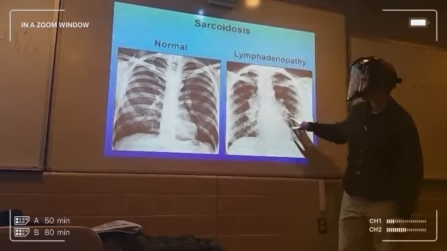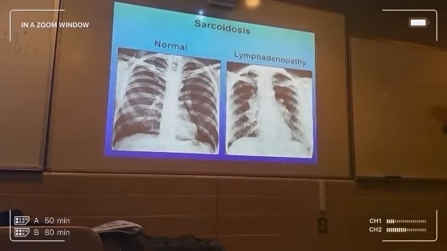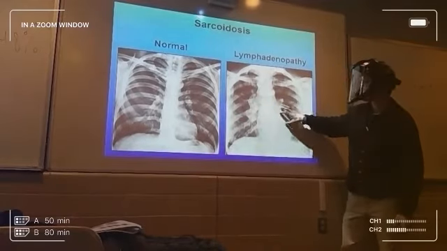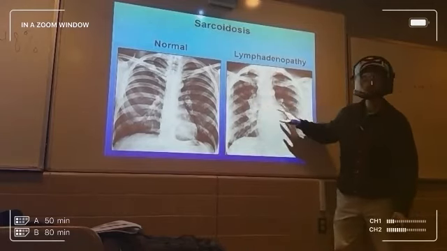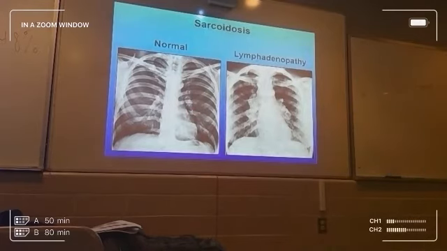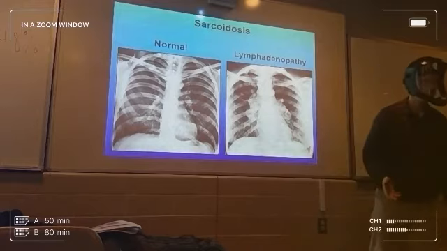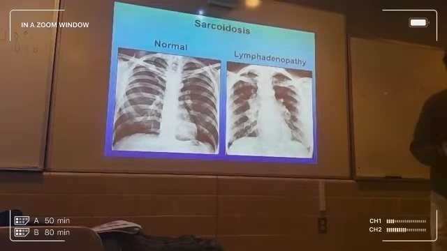Notice how prominent the hilar regions are, how radiodense they are. That's because the lymph nodes in that area are quite large. They've been effaced by that chronic granulomatous inflammation, and now they're casting a very radiodense shadow there. And that's very often the way someone will present with sarcoidosis. Sometimes this is found incidentally. The person's relatively asymptomatic. Okay, again, maybe they have some mild chest discomfort.